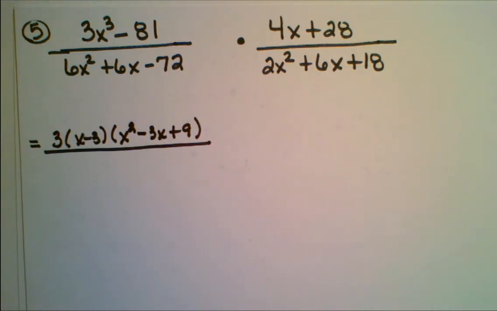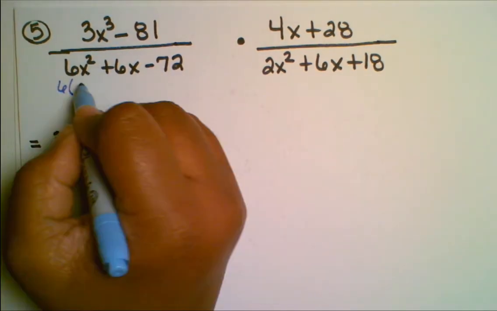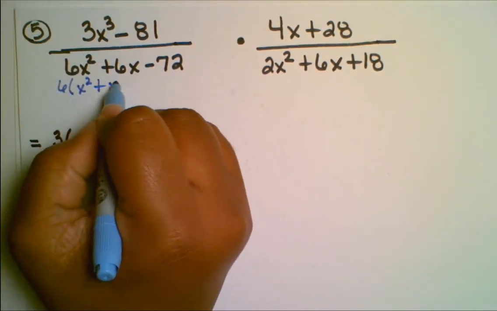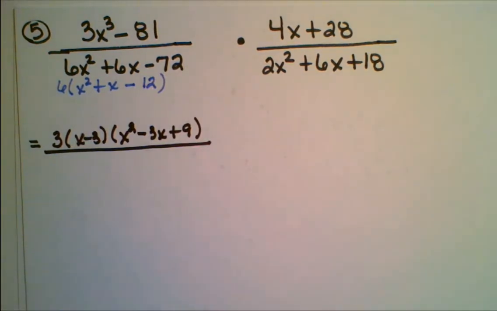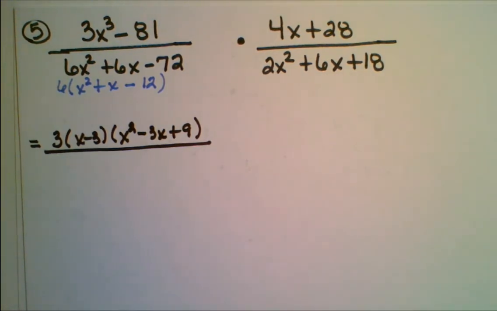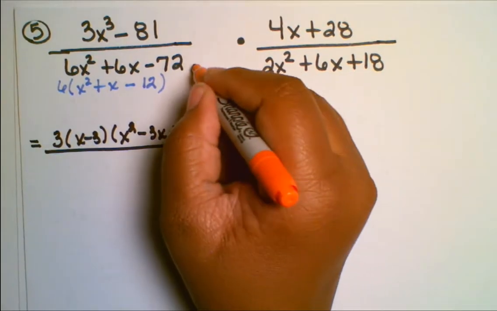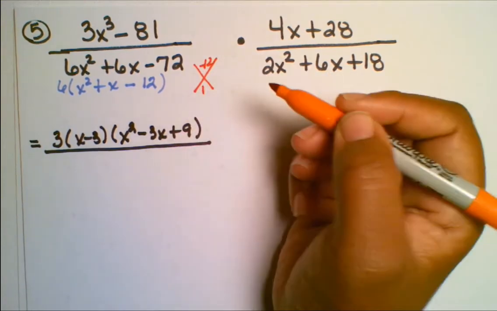But let's take a look at our denominator. We can factor out a 6. So we're going to factor out a 6, and we have x squared plus x minus 12. That's a two-parter there. So now we're looking for factors of negative 12 that will add to give you positive 1.